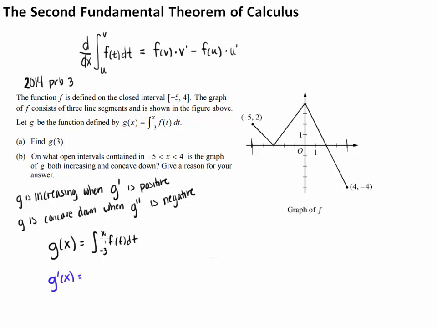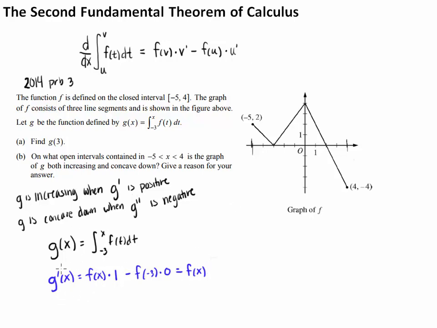So it's going to be f of x times the derivative of that bound, which is 1 in this case, minus the bottom bound plugged in, f of -3, times the derivative of that bound, which is 0. So g prime of x is actually equal to f of x. g is the antiderivative of f, and therefore f is the same thing as g prime. Now we'll come back to that in just a second.